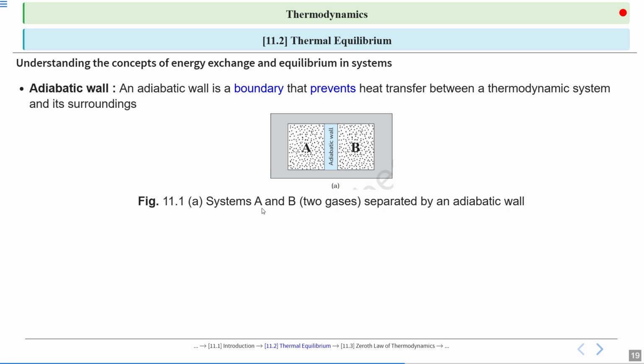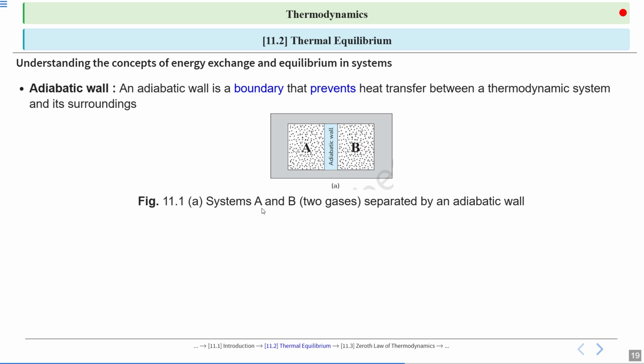Adiabatic wall. Here we learn two walls: first, the adiabatic wall, and second, the diathermic wall. These walls prevent heat transfer and matter transfer differently, depending on their properties.